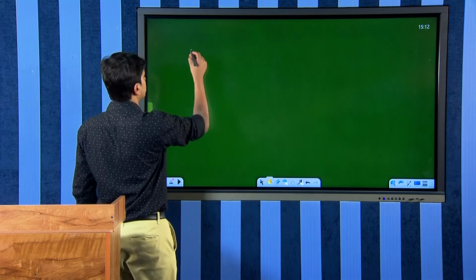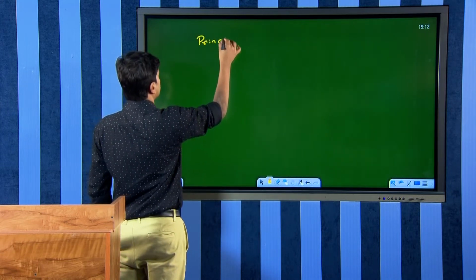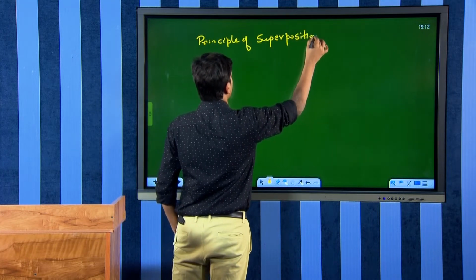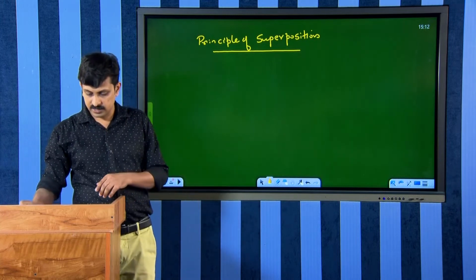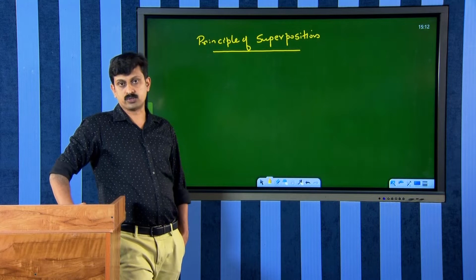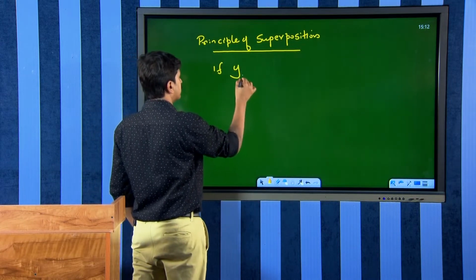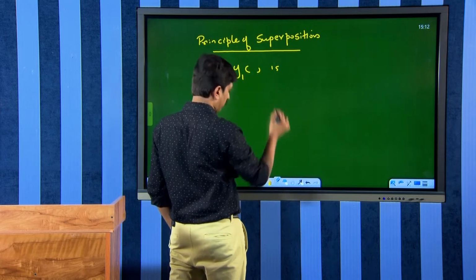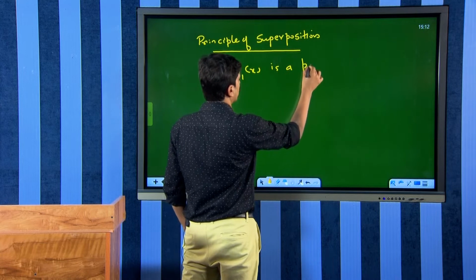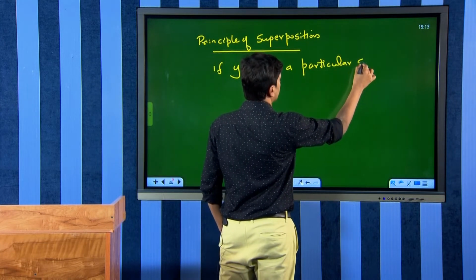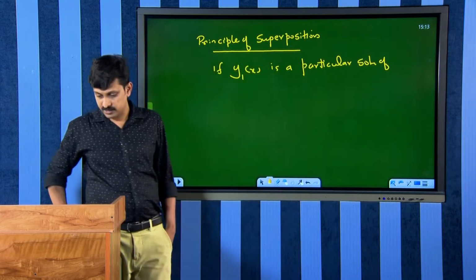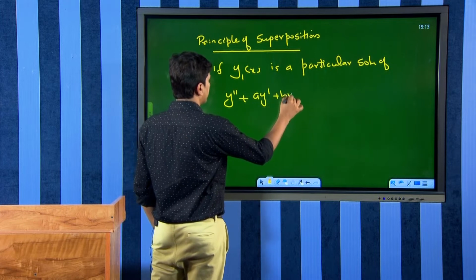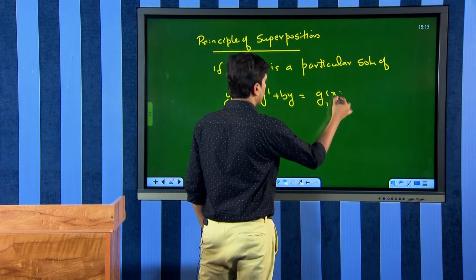See, dear students, the principle of superposition says that if y1 of t, instead of t I would like to consider here x, y1 of x is a particular solution of y double dash plus a y dash plus b y is equal to some g1 of x or r1 of x.